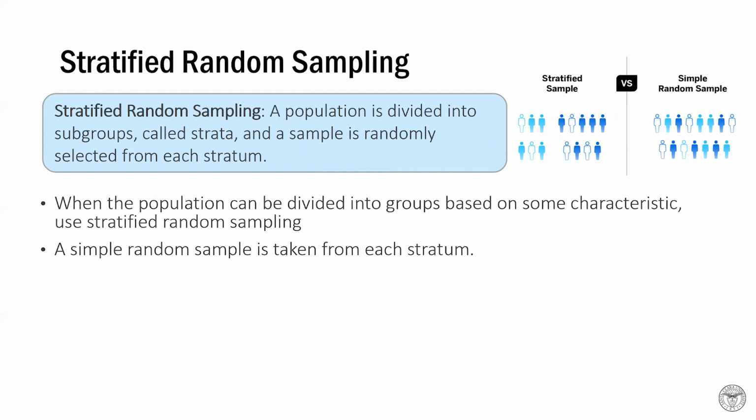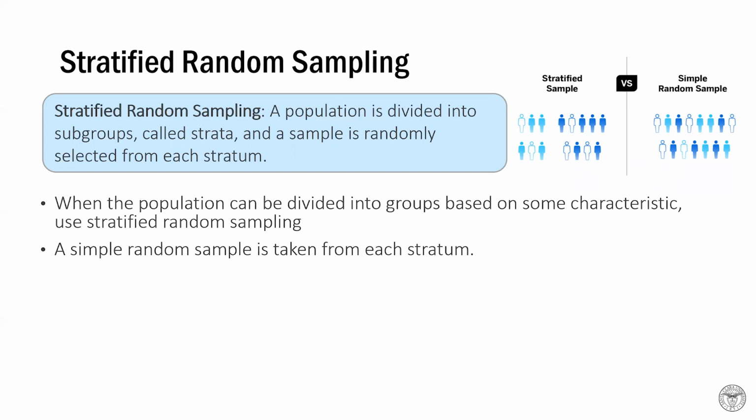Stratified random sampling is a method of sampling that involves dividing a population into smaller groups called strata, and a sample is randomly selected from each stratum. The groups or strata are organized based on the shared characteristics or attributes of the members in the group.